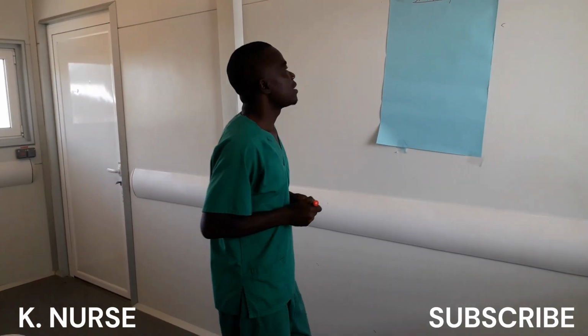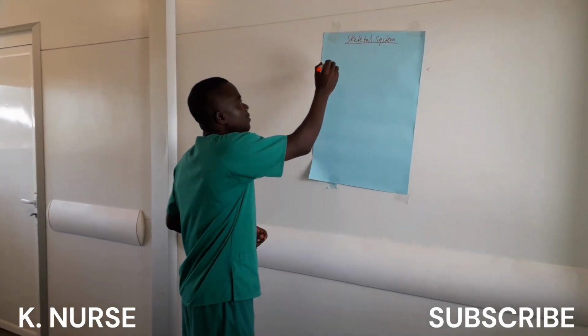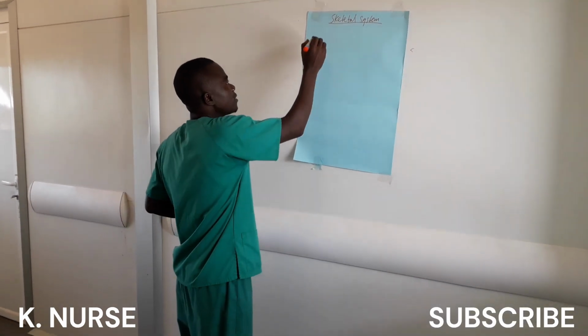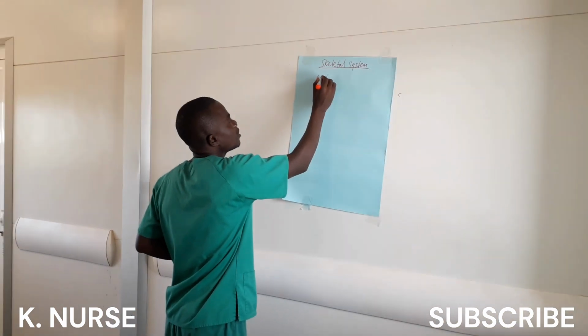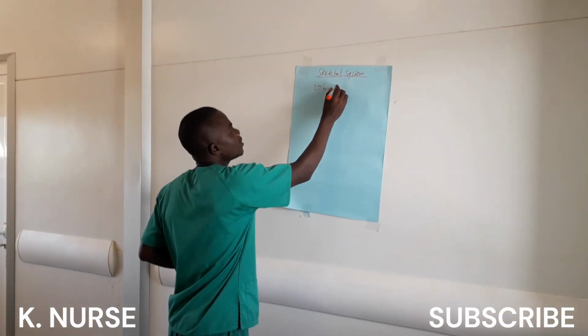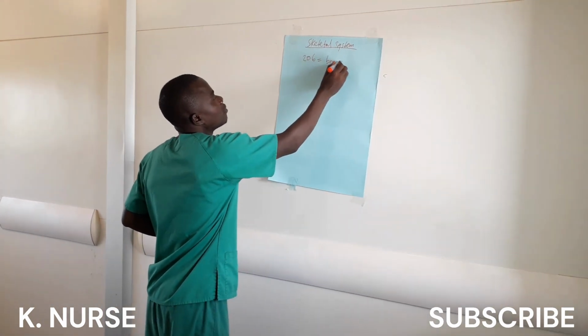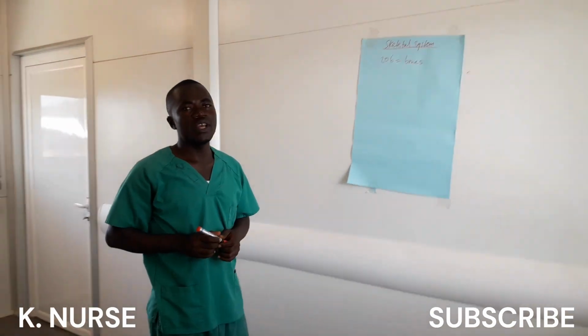Now, the skeletal system contains what we call 206 bones. But first of all, you should know what the skeletal system is. The skeletal system comprises all the bones that make up the body.